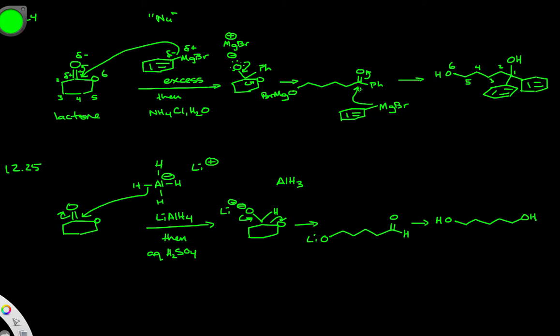So notice in question 24, this intermediate product is a ketone. Now that we've added hydride, the intermediate product is an aldehyde.